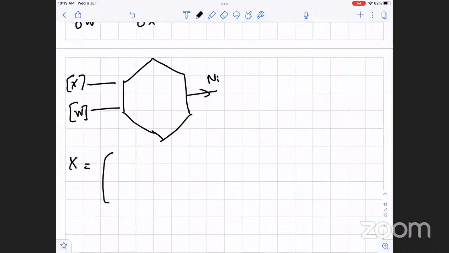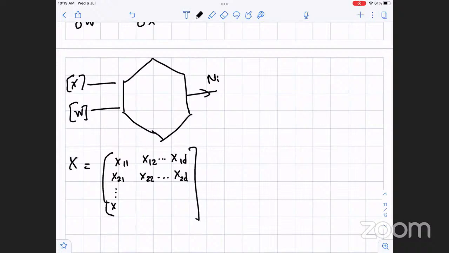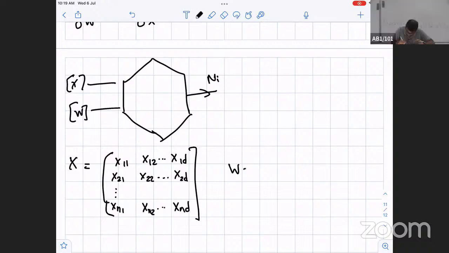X is x11, x12, x1d, x21, x22, x2d, xn1. So w, I will just make it a little more complicated than before.